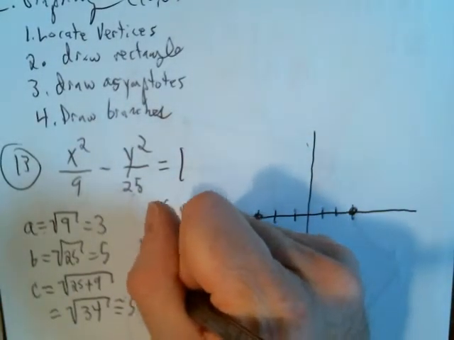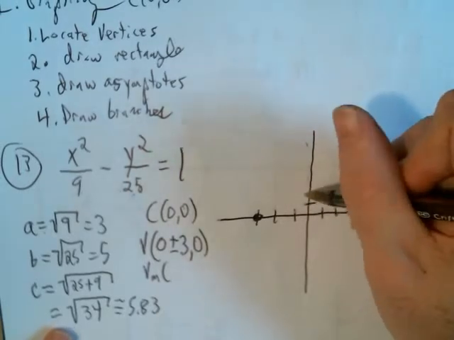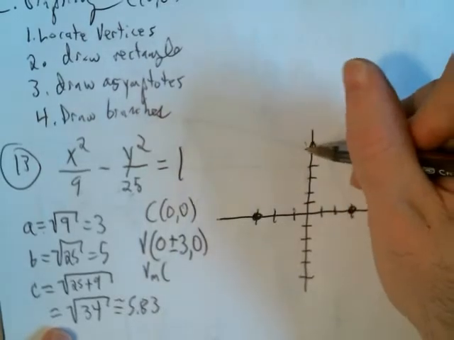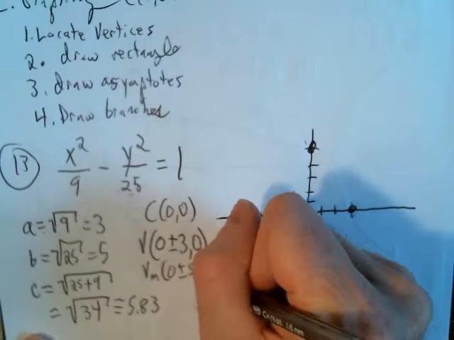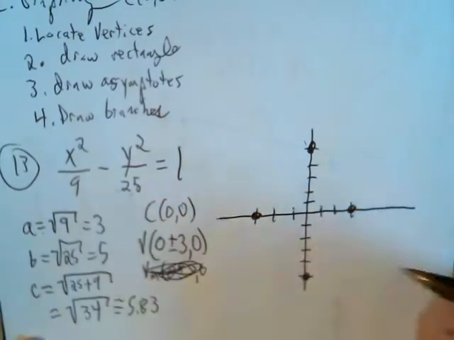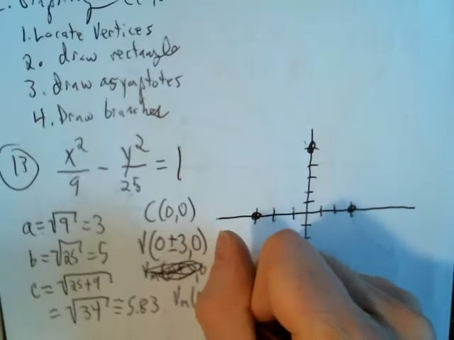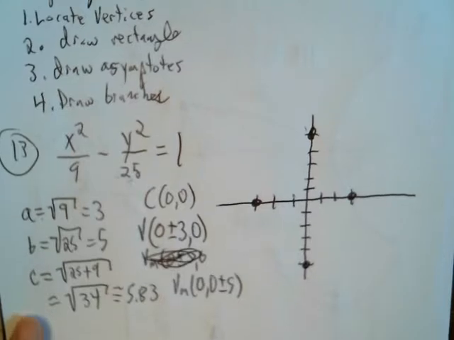And then sort of our minor vertices, if you wish, they are not part of the graph. Okay, 1, 2, 3, 4, 5, 1, 2, 3, 4, 5. Got one up there and one down there. So I'm going 0, comma, 0 plus or minus 5. So I'm going up and down by 5.